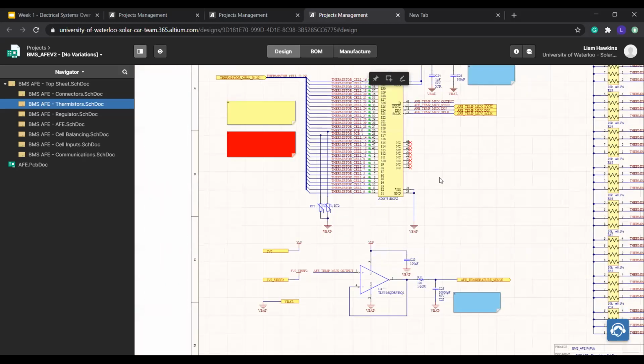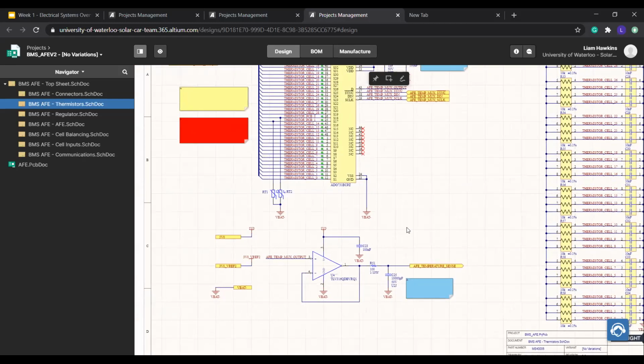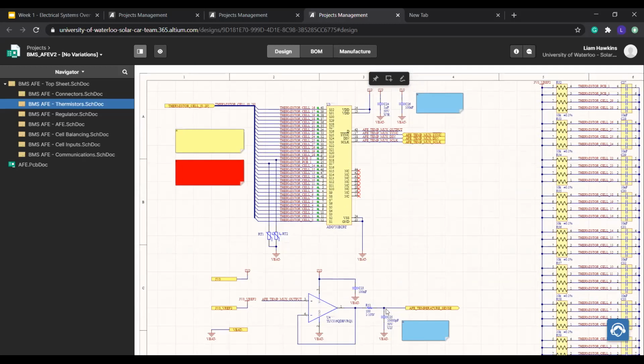And then the output is again buffered to help match the output and input impedances to the LTC6811. And then the LTC6811, like I mentioned before, has a GPIO that will receive the signal and then pass it to an ADC, which will measure the voltage, and that can be communicated back through isoSPI to the BMS carrier.